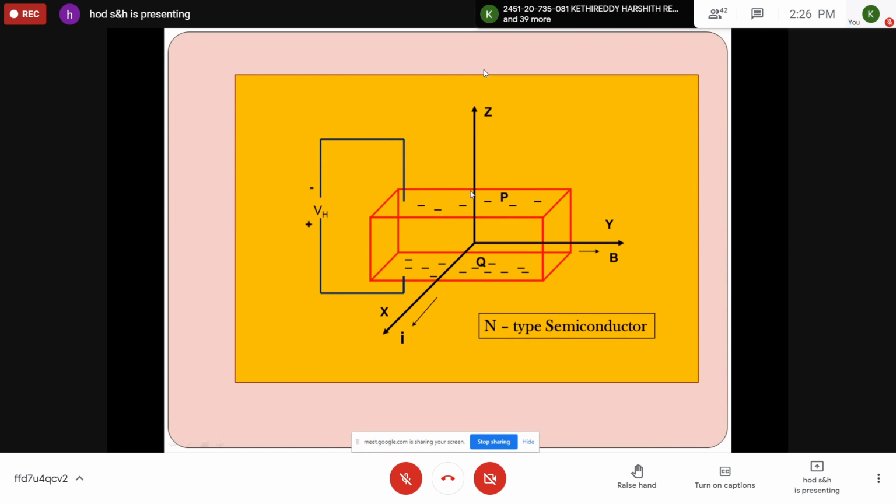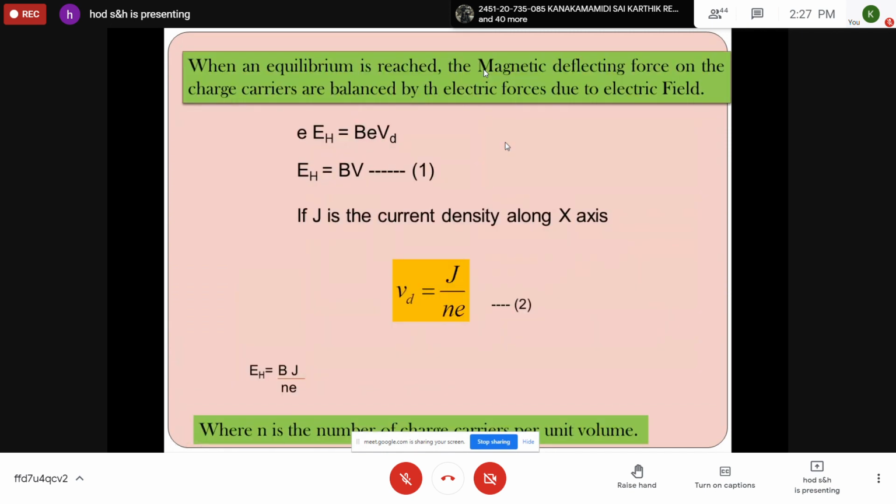Whenever there is a motion of electrons, because of the potential difference, it causes a field EH in the material, and it is balanced by the force experienced because of the magnetic field. At equilibrium, these two forces are equal. When equilibrium is reached, the magnetic deflecting force on the charge carriers is balanced by the electric force, because two forces are acting simultaneously.